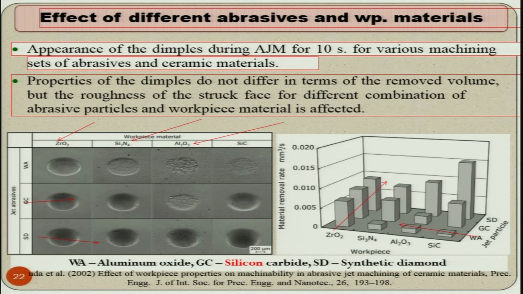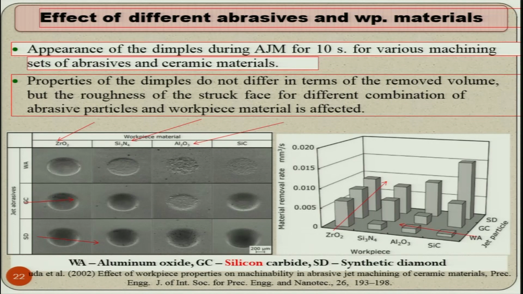Now, you can clearly see that the conditions remain the same, but the workpiece material is changing from zirconium oxide, Si3N4, alumina and silicon carbide. So, you can see the different cavities that have been formed; their diameter is different and depth is completely different, and the surface finish you have obtained in all 4 cases is different.